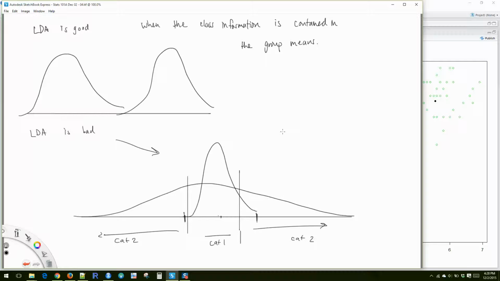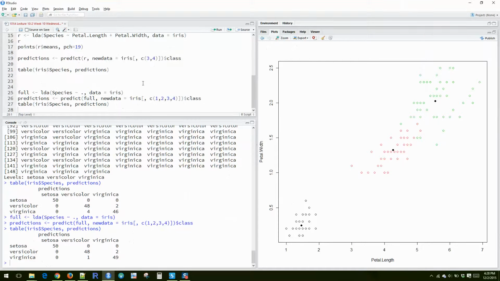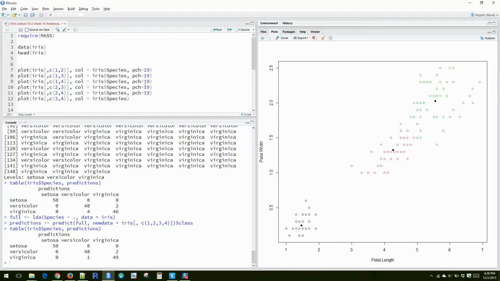Yeah, I was debating how deep I wanted to get into linear discriminant analysis. I think I'll just keep it pretty light, and this is kind of the overall big picture of what we're trying to do. Trying to create boundaries between data points based on a few variables, and R makes it very easy.